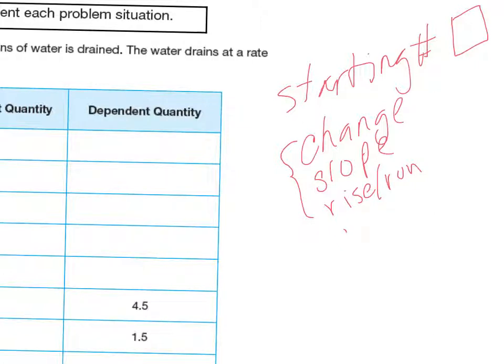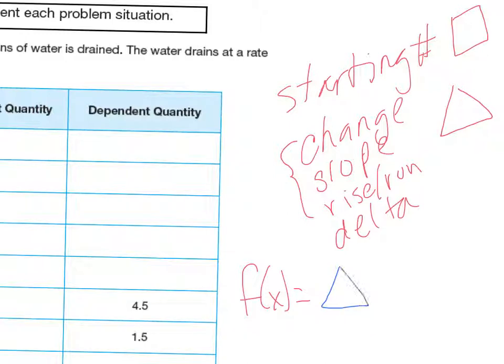We also call it delta, a new term. It's a Greek symbol, and the Greek symbol for delta is a triangle. So to make a function, all you really need is this: f of x equals your delta, which is multiplied by x, because that's the one that's changing every single time.